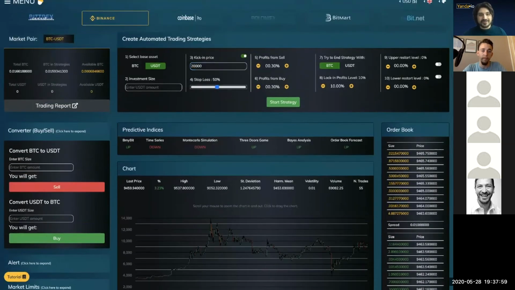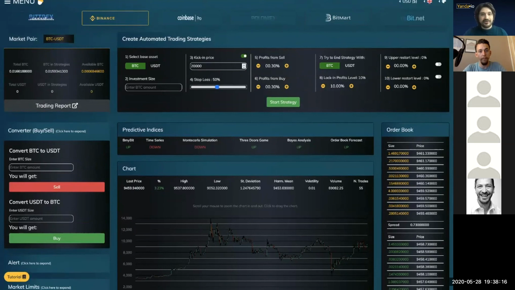Therefore, this user, whom we thank for using the platform, and maybe he shall know that, by putting a kicking price higher than the last price, he set a higher initial price from which he started calculating the profits in Bitcoin when it was bought back.